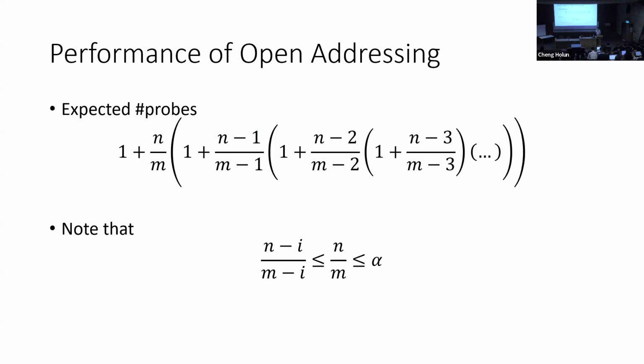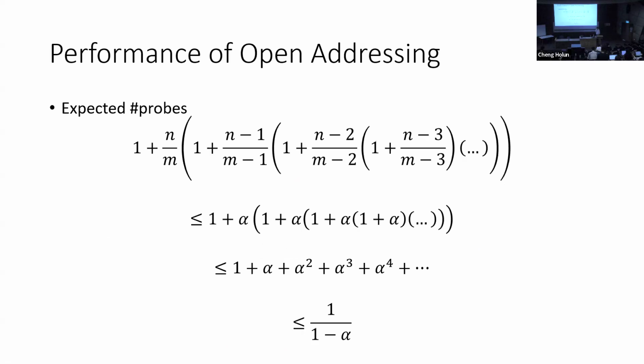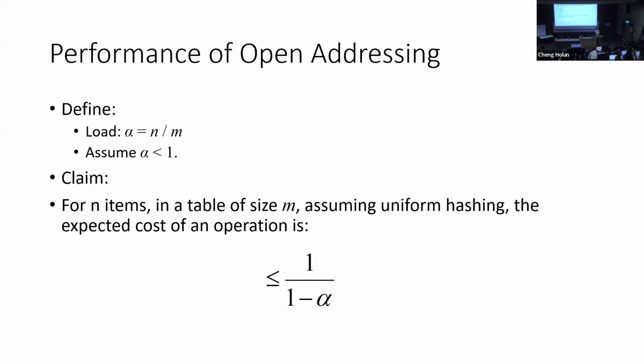You have this formula, and you notice that every n minus something over m minus something is less than n over m, which is alpha. So you can convert this, and finally it becomes 1 plus alpha plus alpha squared plus alpha cubed, and so on. We notice that alpha is less than 1, and since it is a geometric series, this is less than 1 over 1 minus alpha. That completes the proof.